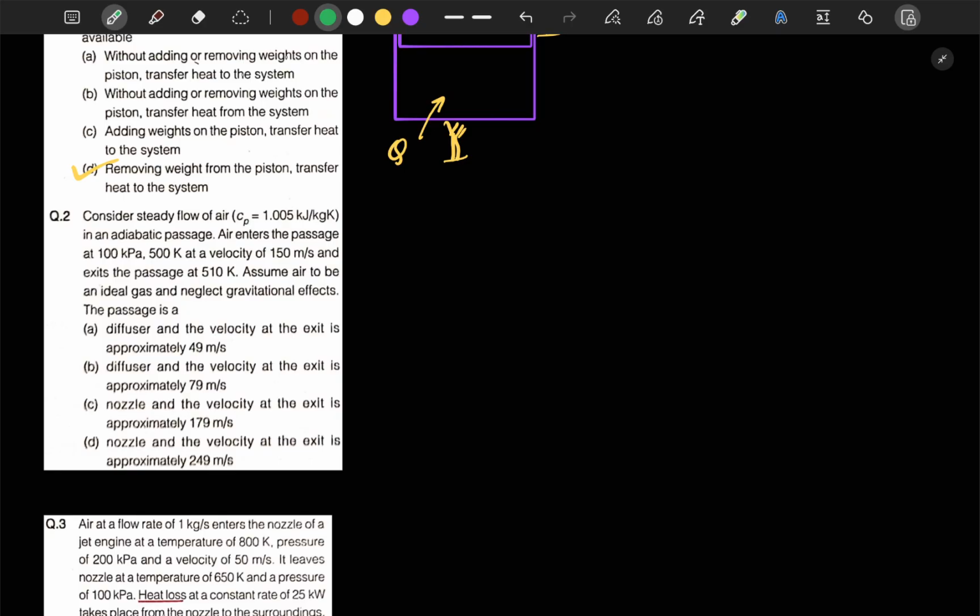Since we have been given that the air enters a passage, let's say this is the passage and this is condition 1, that is P1 equals 100 kilopascal and T1 equals 500 Kelvin, with velocity 150 meter per second, which we can use as C1.